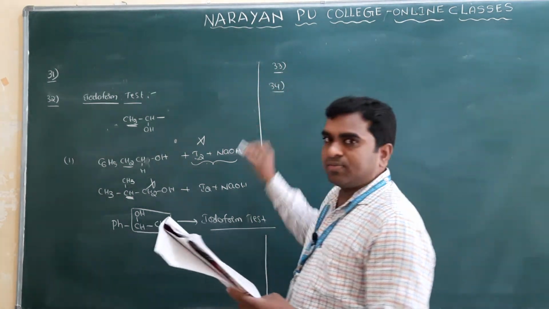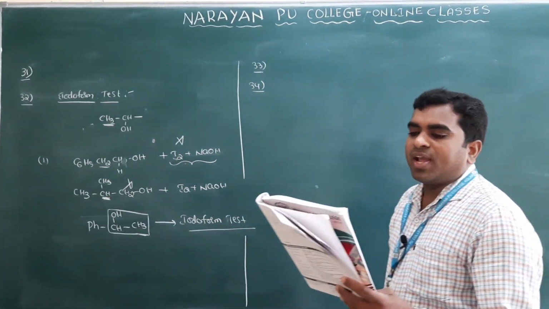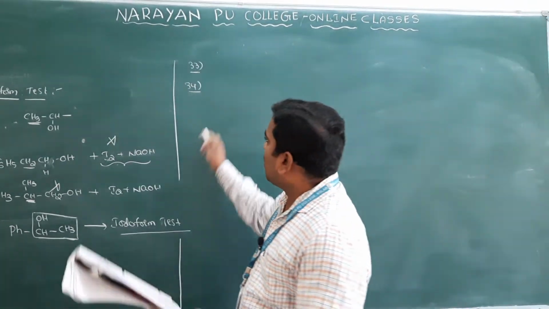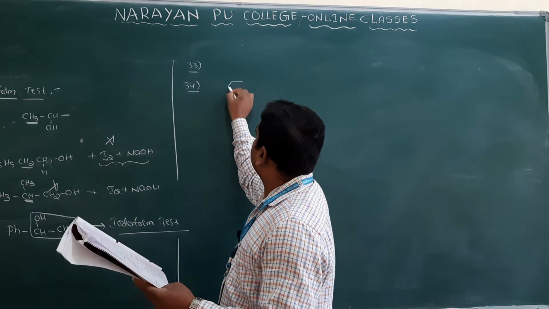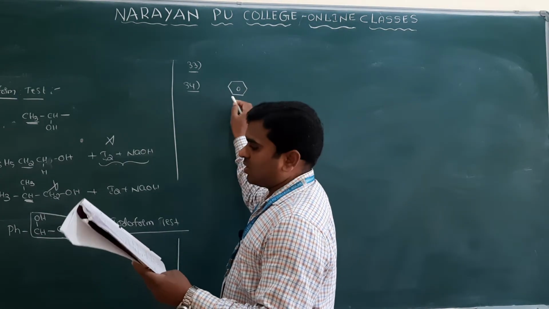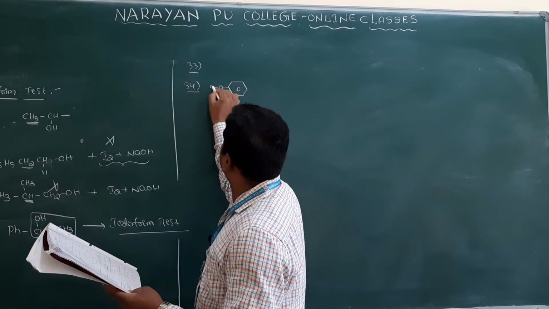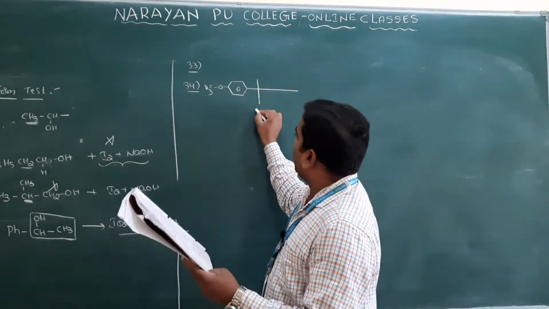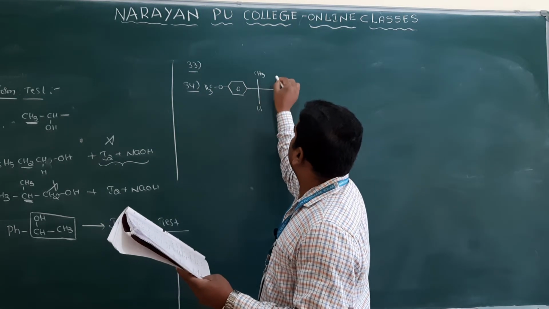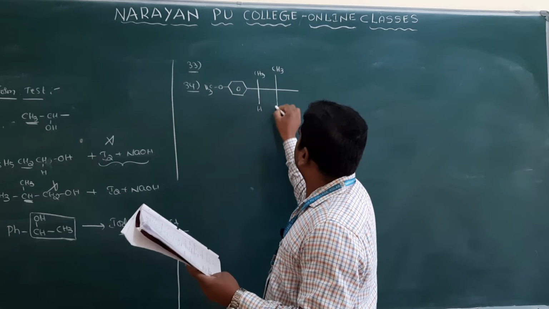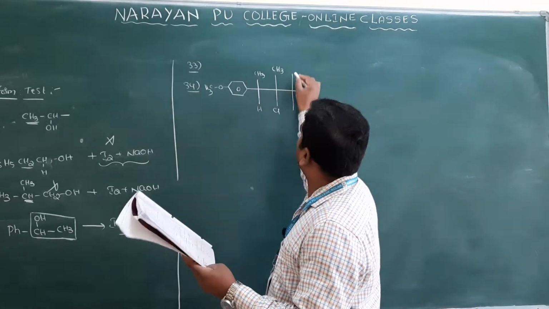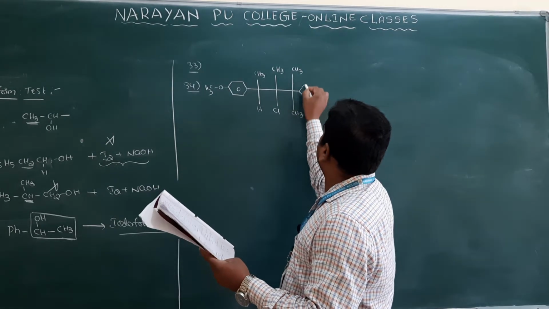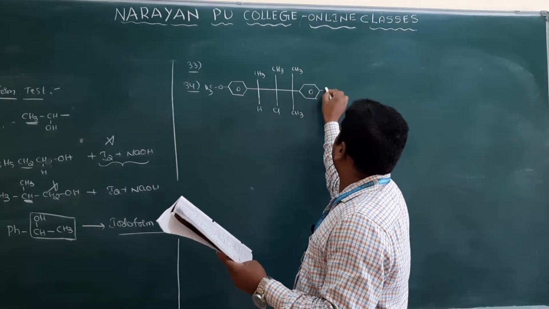This is important. The following compound on hydrolysis in aqueous acetone will give. What is the compound they have given? This is the compound, with OCH3, CH3, Cl, CH3 and a bond to NO2.